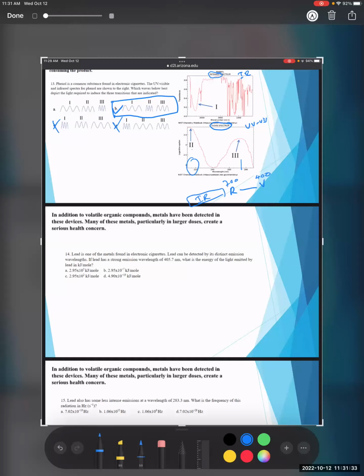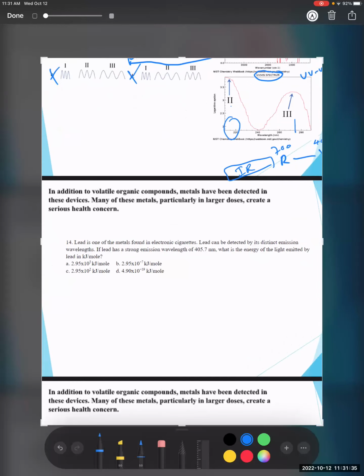Moving on. Lead is one of the metals found in cigarettes that can be detected by its distinct emission wavelengths. If lead has a strong emission wavelength at 405.7 nanometers, what is the energy of that light in kilojoules per mole?